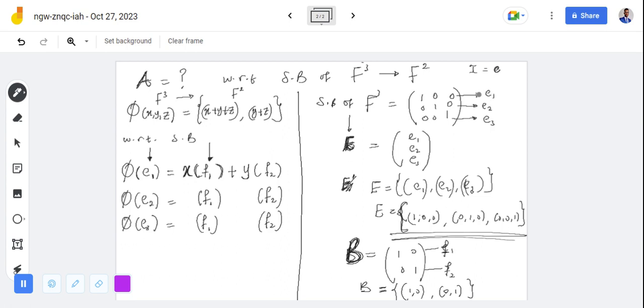It's based on the fact that I use E1 as an identity here, E2, E3. So for the second standard basis of F2, I will use F1, F2. Since it's a 2 by 2, and it being F3 against F3, I will still have a 3 by 3 matrix here again, such that the first row will be F1, the second row will be F2, and the third row will be F3. So I will come here and write F1, F2. I will still have F3, but it will be constant throughout the column.